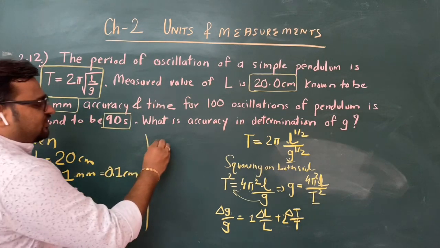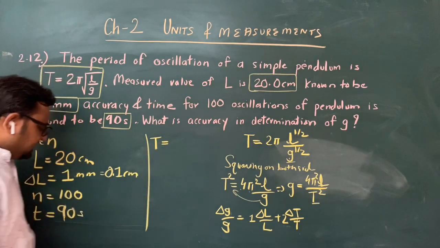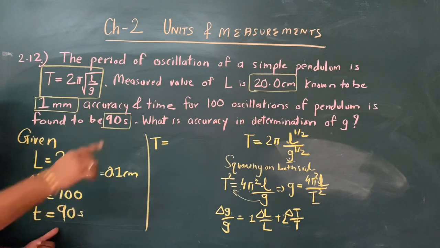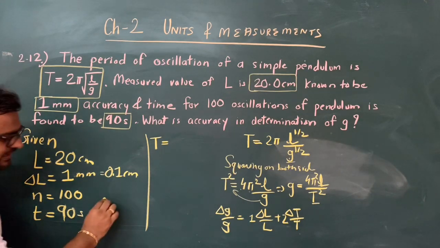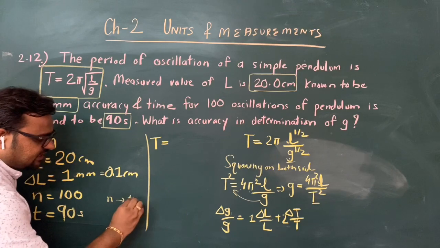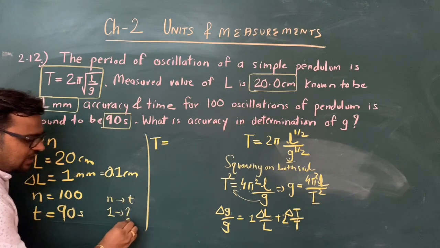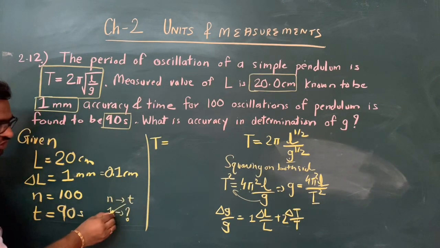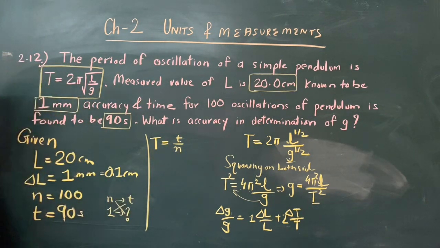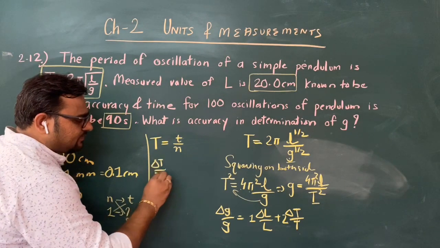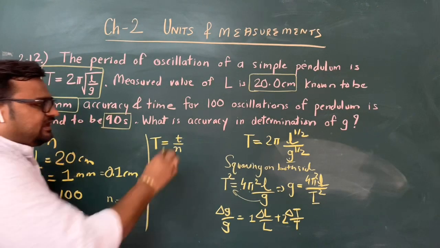See here, what is the formula for periodic time? The time taken for 100 oscillations is 90 seconds, small t. So what is the time taken for 1 oscillation? For N oscillations the time is t. For 1, how much? Cross multiply: T will be equal to t upon N. Clear? So what will be delta T by T? Which is the measured quantity?